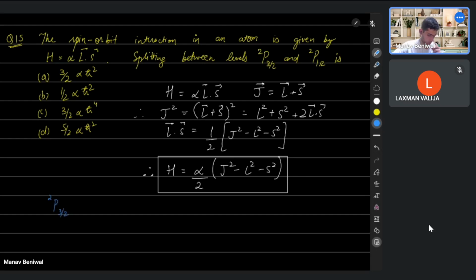Here s is half, so s squared is s times s plus 1 h cut squared. Putting half into 3 by 2 into h cut squared, our s squared is 3 by 4 h cut squared.